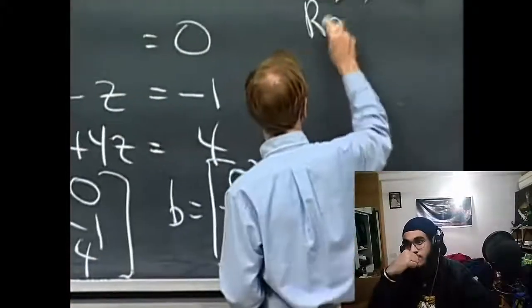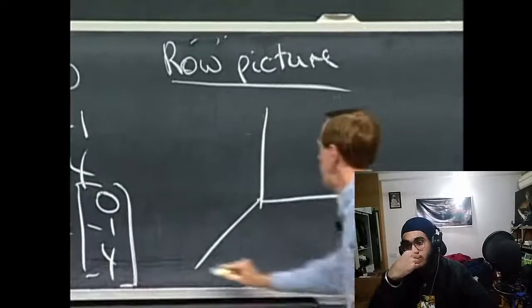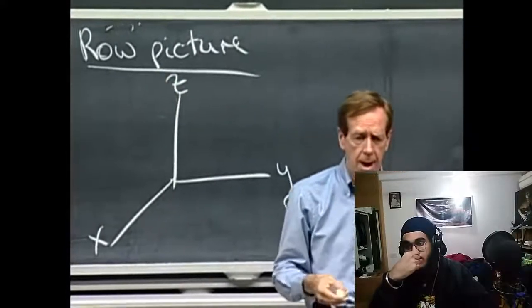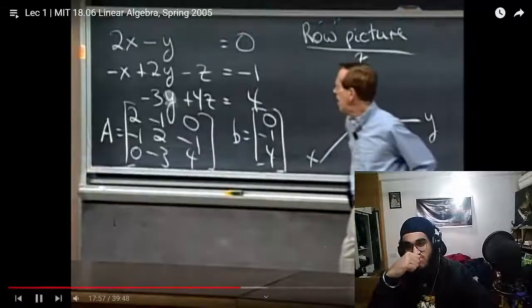Okay, so the row picture. I'm in 3 dimensions, x, y, and z. And I want to take those equations one at a time and make a picture of all the points that satisfy. Let's take equation number 2.